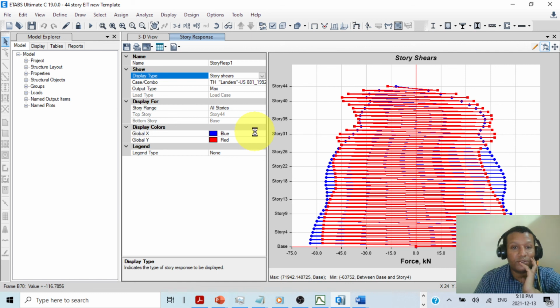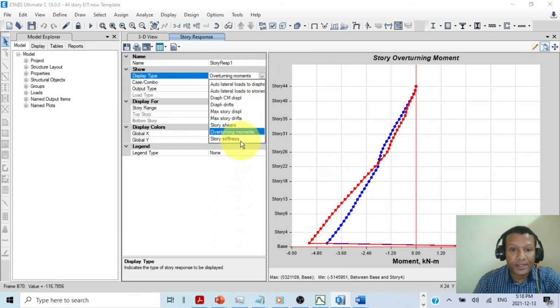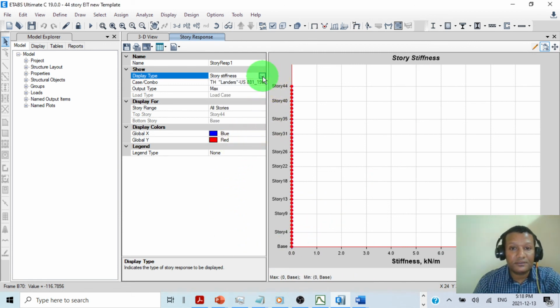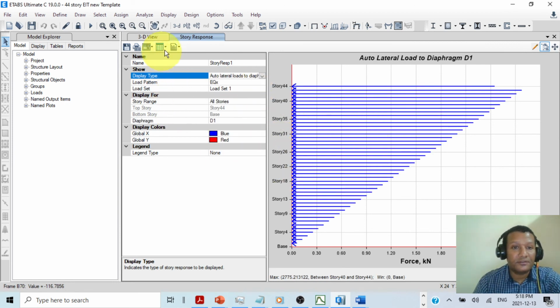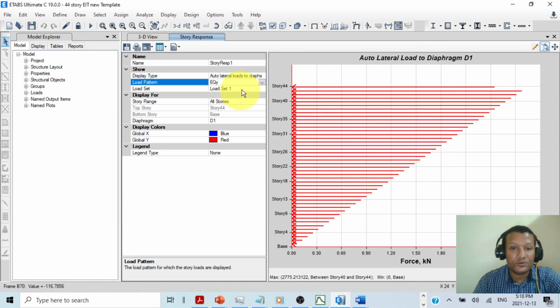And if you want also for a particular beam, this is also the moment. In this way we can find out the outputs. Again, load sets, here earthquake in the x, in the y. You can change this also.